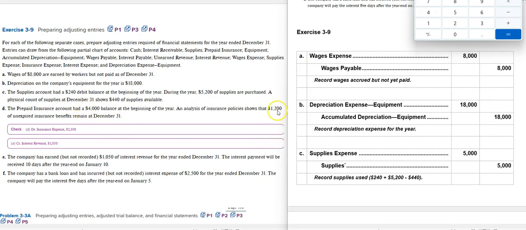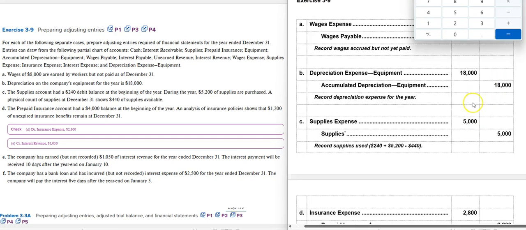But when we analyzed it, we discovered we only have $1,200 of insurance unexpired or unused at the end of December. So that prepaid insurance asset account, when we prepaid our insurance cost, needs to be decreased. Currently it shows $4,000. We only have $1,200 remaining.